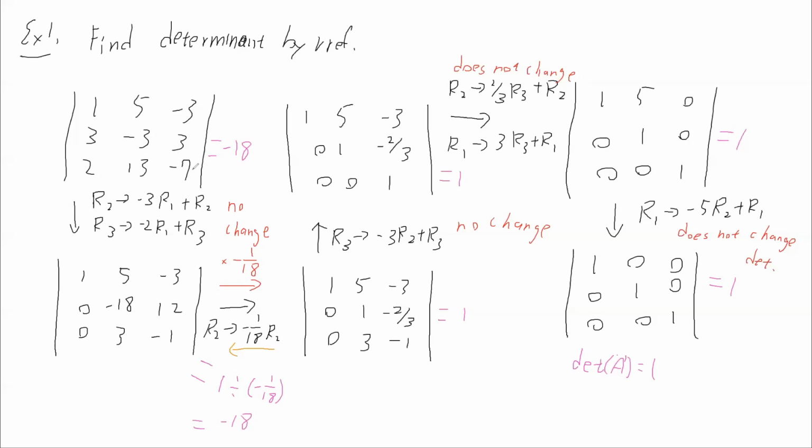Top down, we add, and bottom up, we subtract. So 1 times -3 times -7 is 21. 5 times 3 times 2 is 30, plus 30. -3 times 3 times 13 is -117. Is that right? Yep.